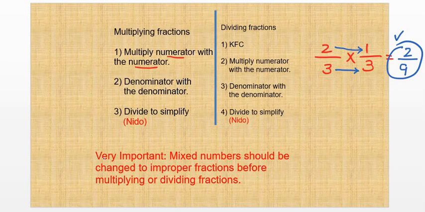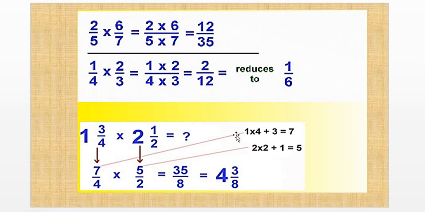There is another very important point. If you are multiplying mixed numbers together, your first step will be to change the mixed number into an improper fraction before multiplying or before dividing. Let me give you some more examples, and then we will start the questions from the exercise.